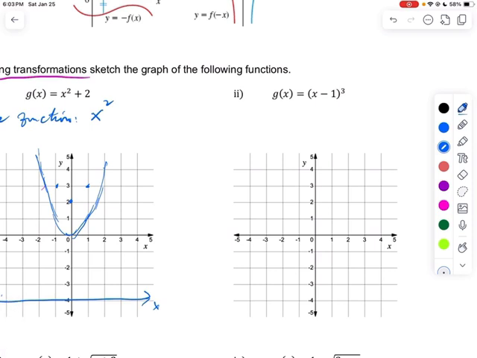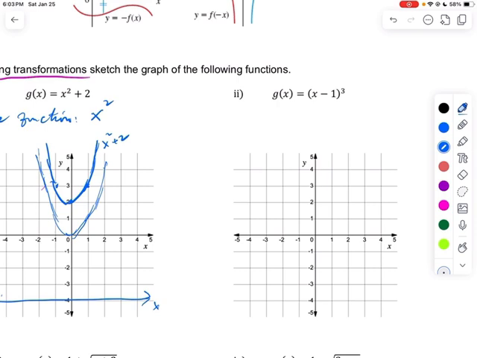Okay, on the right here, let me draw the graph by the way, whatever space we have. So this will be the graph of x squared plus 2.